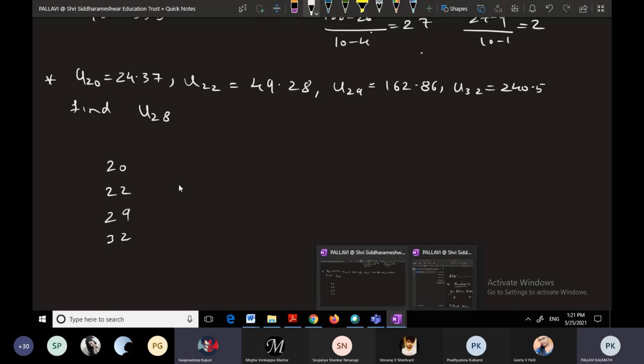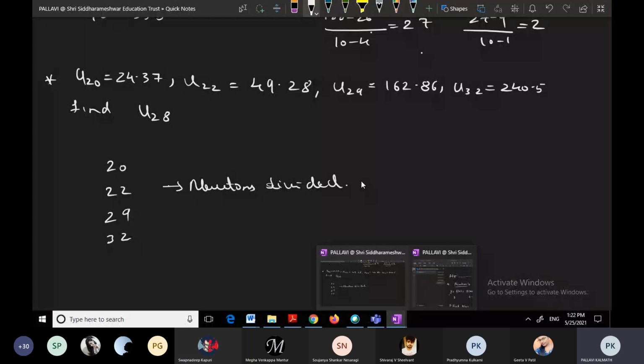No? Okay, so not equal means you will be using Newton's divided. So Newton's divided means forward and backward will not be used for this. Is it clear? Yes, ma'am. Okay. Now, second, if they are at equal interval also, then also you can use Newton divided, okay? Please make a note.